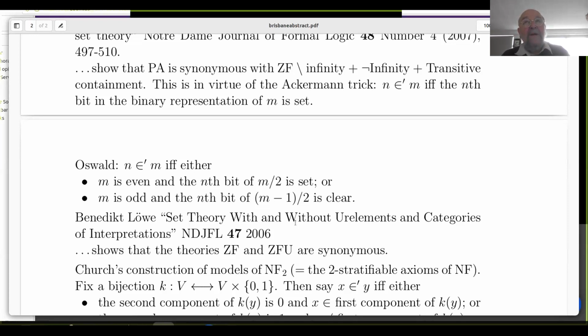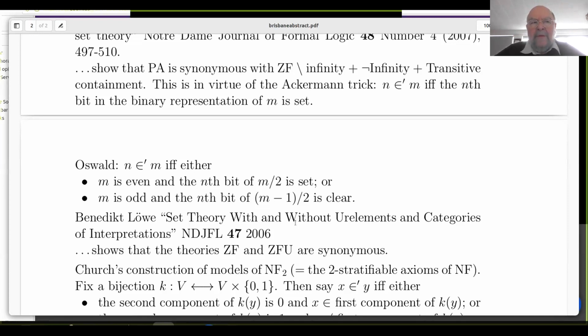Now, why am I interested in synonymy? As I was saying earlier, the thought is that if you have two synonymous theories, they're in some sense reporting on the same mathematics, that the difference between them is a difference of presentation rather than a difference of mathematical substance. And there are philosophical ramifications to this, really.